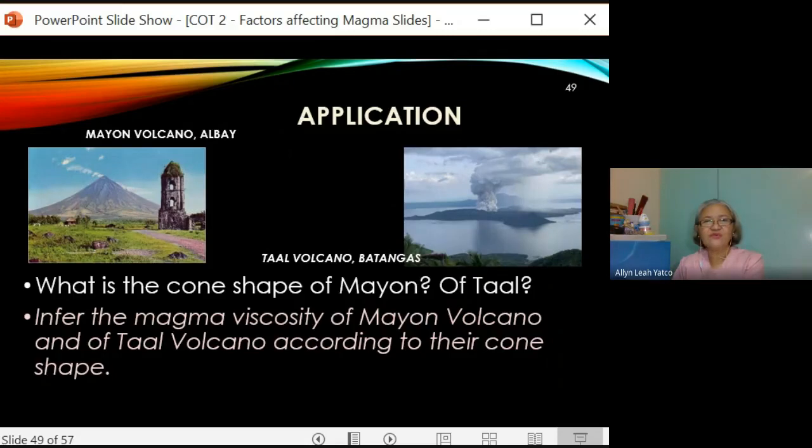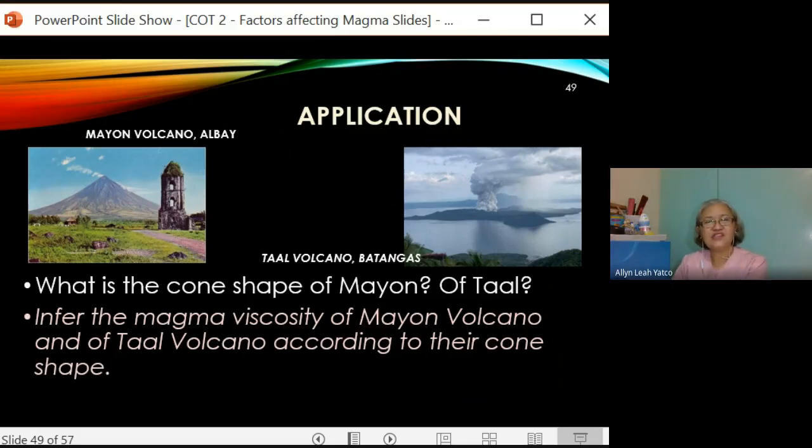Let us now take note of how we can apply what we have recently learned. On the screen, you have 2 volcanoes, active volcanoes in the Philippines, Mayon and Taal. What do you think is the cone shape of Mayon? What about Taal?